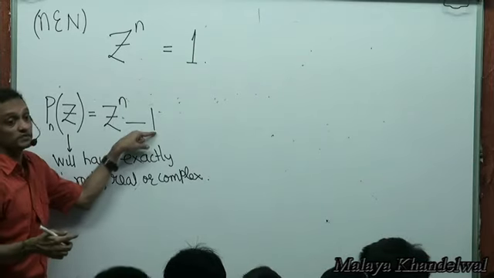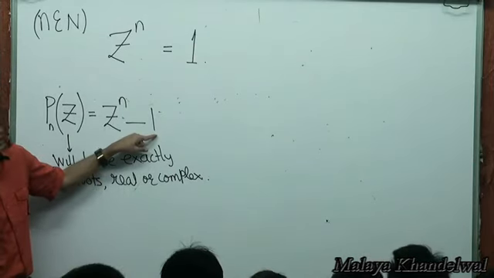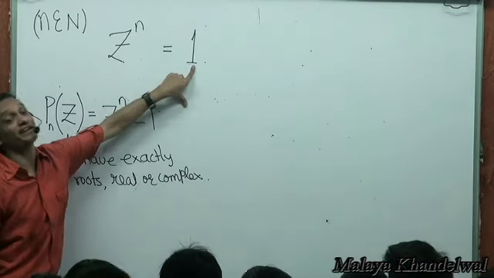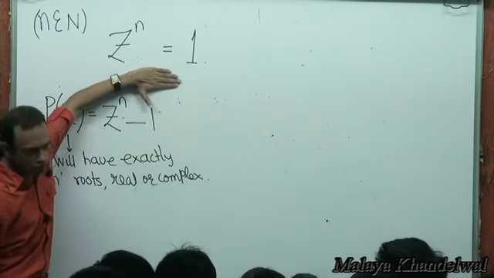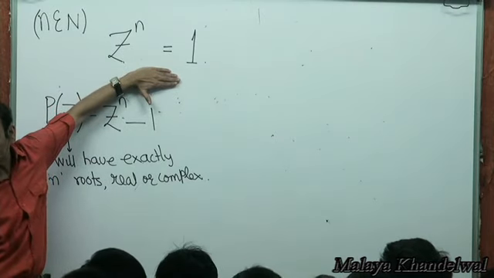That means this will become 0 for exactly n values of z. That means z to the power n will become equal to 1 for exactly n values of z, right? So there are n roots to this equation, real or complex, right?